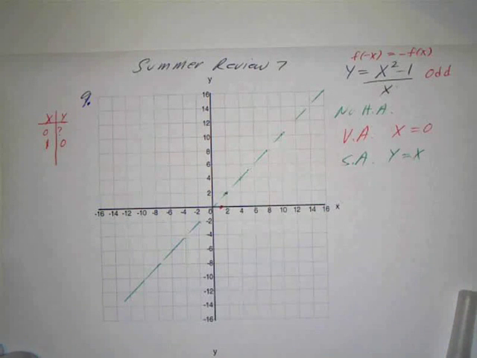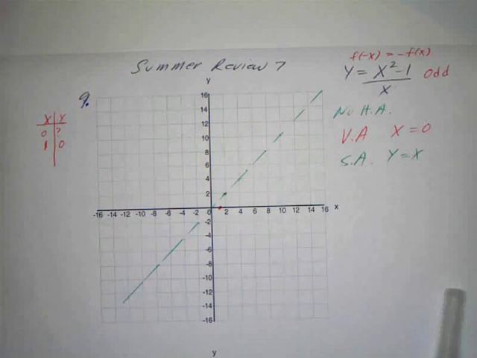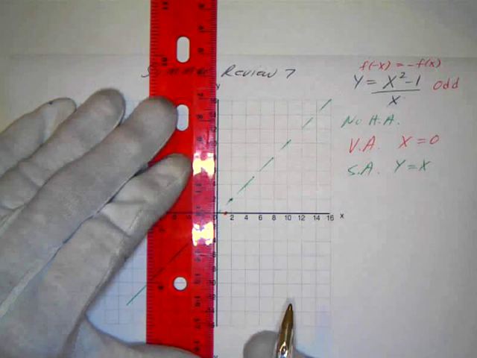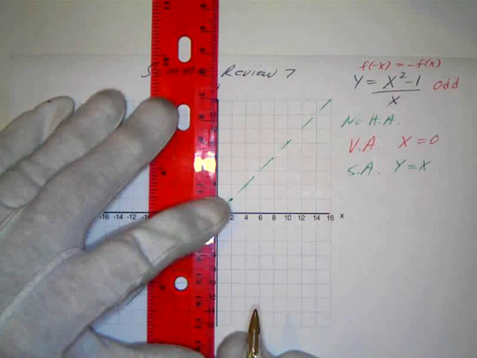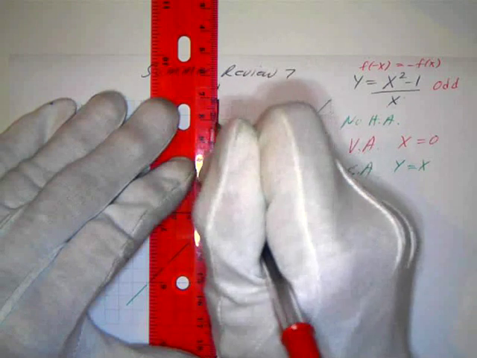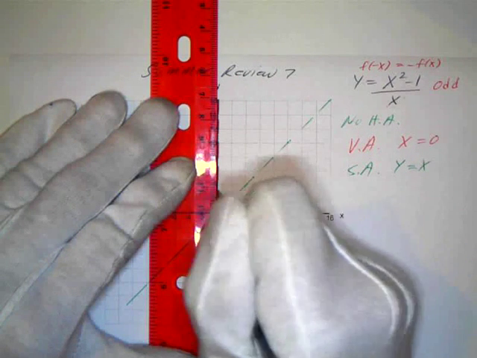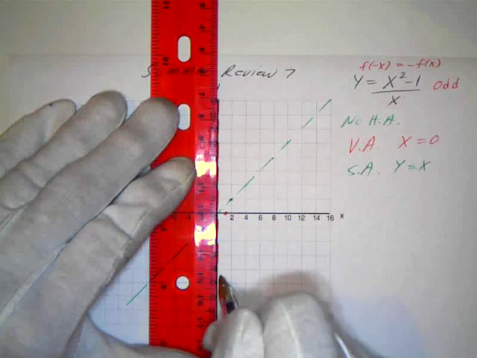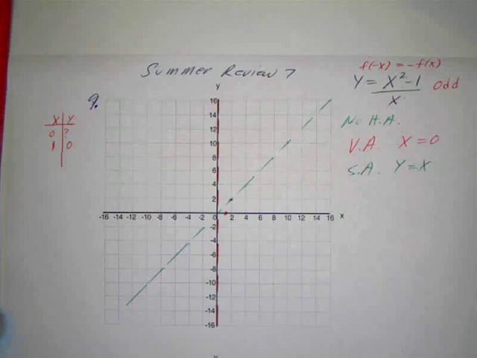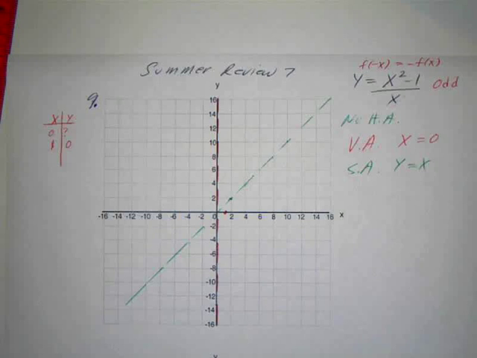And I've got the vertical asymptote, x equals 0, I'm sorry, the vertical asymptote. So let me put that in here, and I'll just kind of do it like this. I hope that'll be fine. So there's my vertical asymptote, and I think we can pretty much see what's going on here.